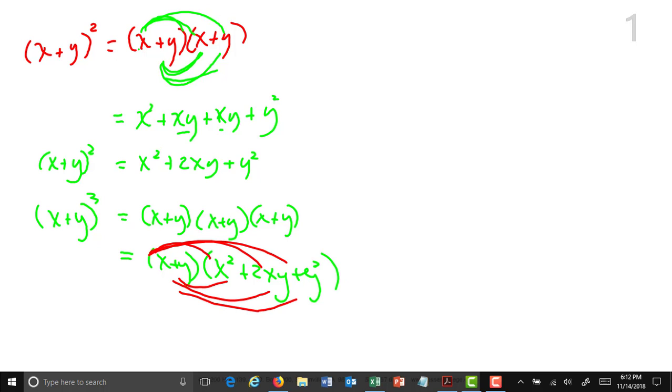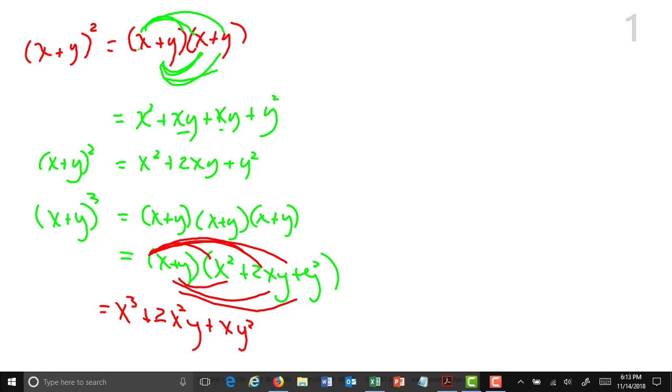X times x squared is going to be x cubed. And what is this? Well, that's going to be plus 2 copies of x squared y. And this is going to be plus an xy squared. Do you see it? Does somebody see that?